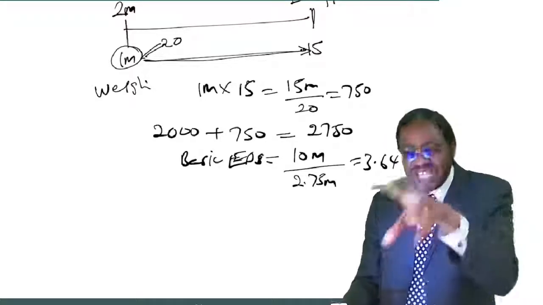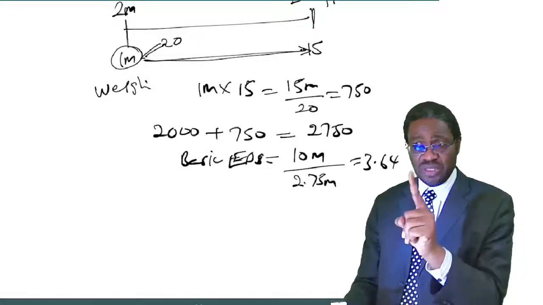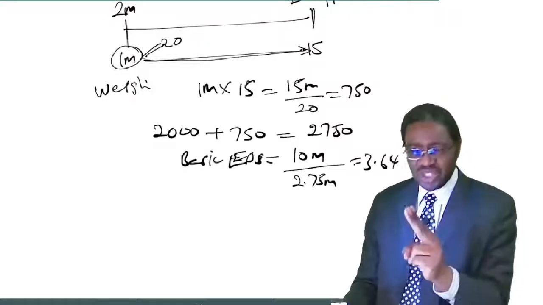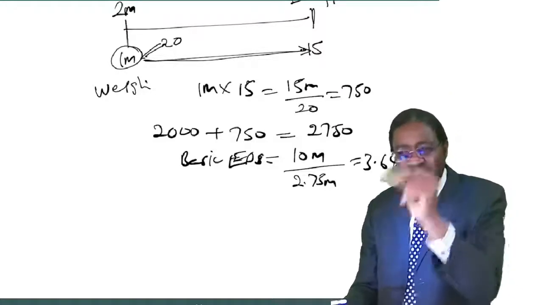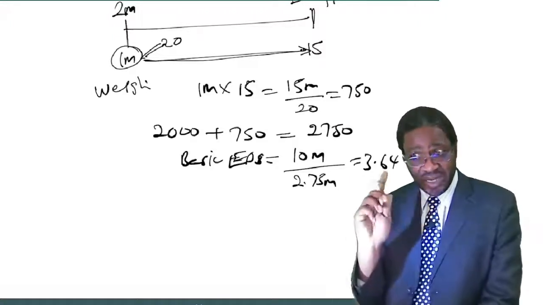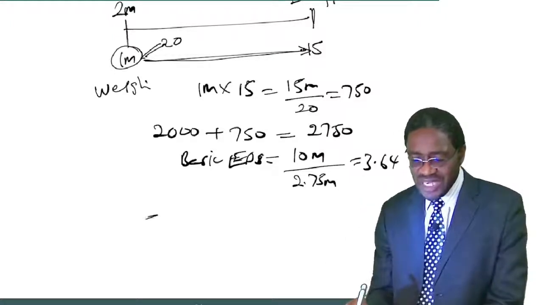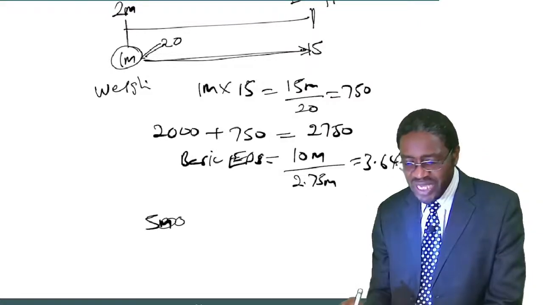So they are yet to bring into the company another 5 shillings per share. On the 1 million shares, they are yet to bring into the company 5 million shillings.